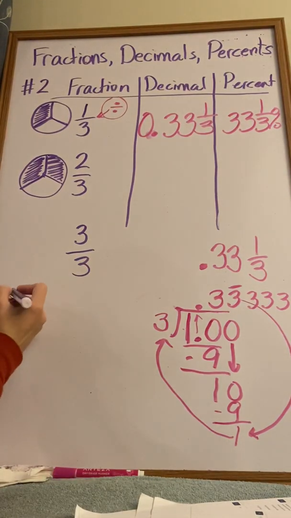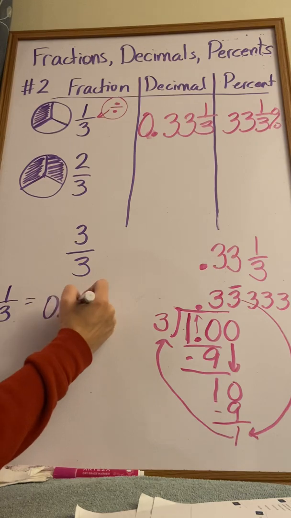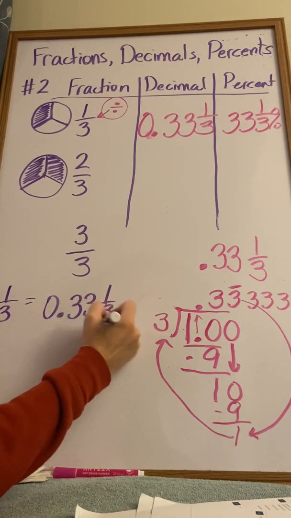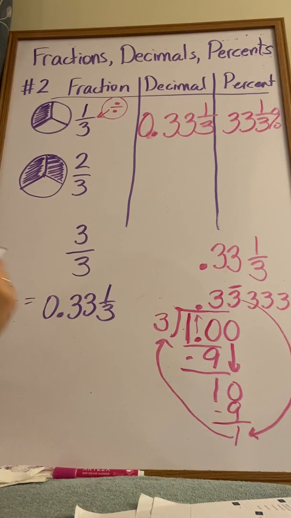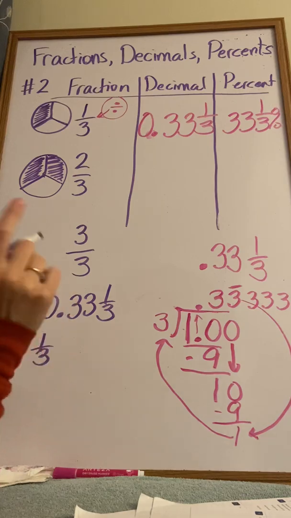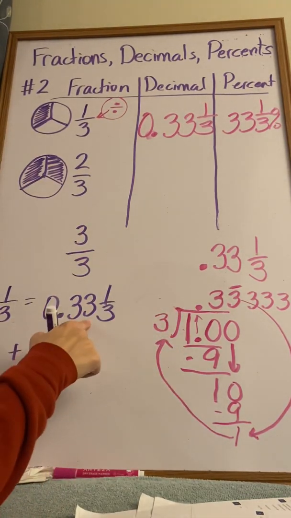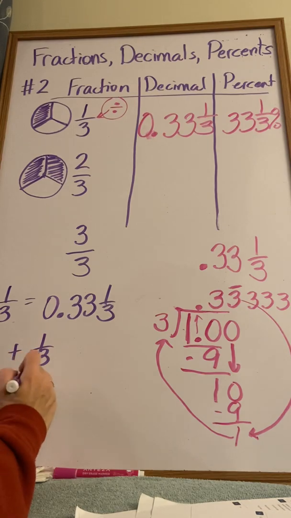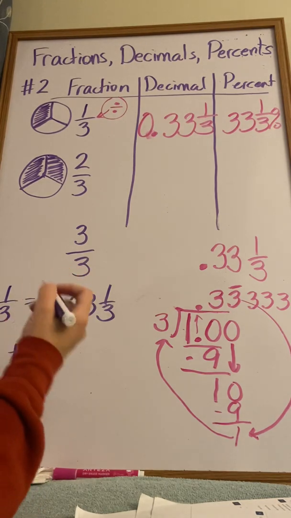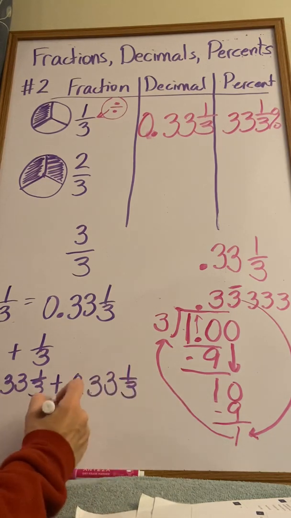So here's a thought. Okay, if 1/3 is equal to 0.33 and 1/3, then 2/3 would be 1/3 plus 1/3. Or, I could say this answer, 0.33 1/3 plus 0.33 1/3.